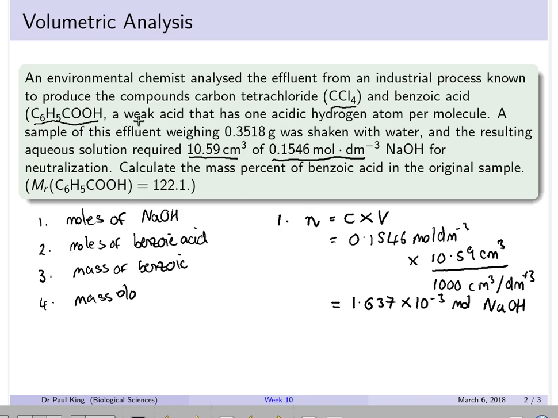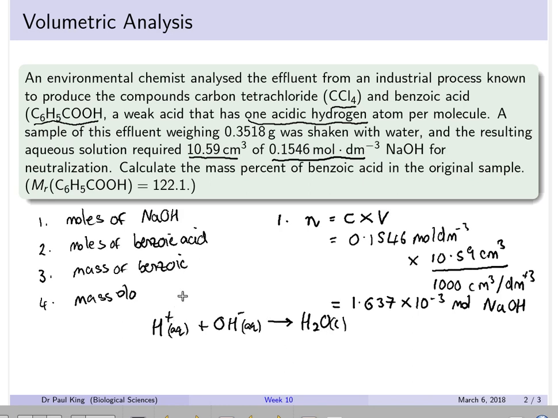Well, we're told that benzoic acid has one acidic hydrogen per molecule. So the net ionic reaction taking place is that one acidic proton per molecule of benzoic acid reacts with one hydroxide ion from the sodium hydroxide to produce one molecule of water. That is the neutralization taking place here.